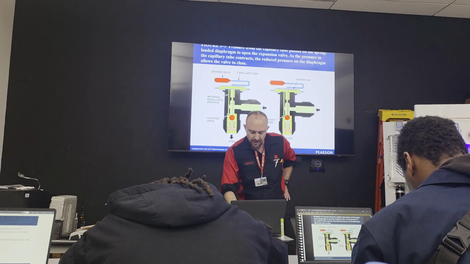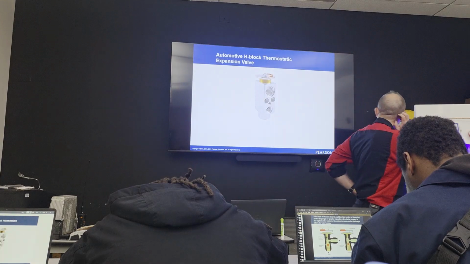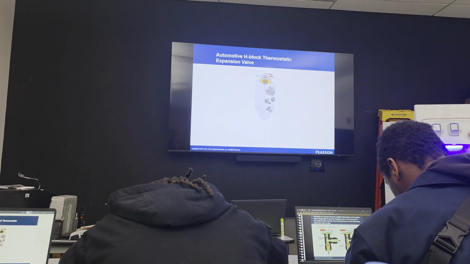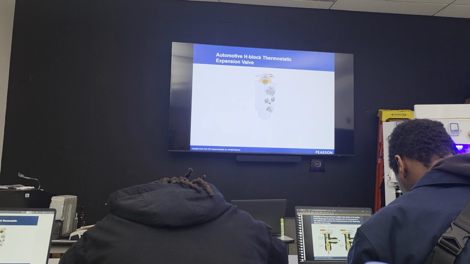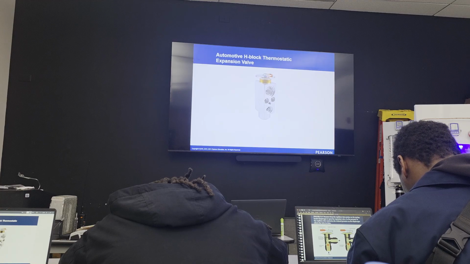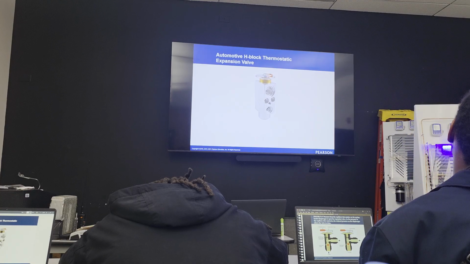Instead, what you're gonna see is the new style, which is called an H block. Everything about this is more compact. It's going towards smaller sizes, more efficiency, more effectiveness, all right? These systems used to have, back in the 70s, some of them had 3 or 4 pounds of refrigerant. We're not even breaking a pound anymore.